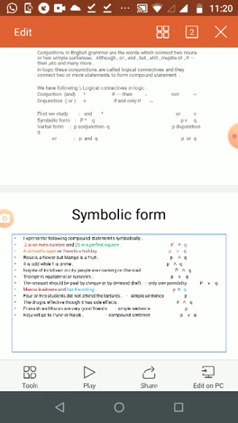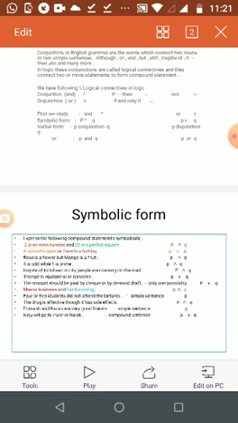Last time we have seen how to write a simple sentence by using symbolic form or verbal form. Every statement in logic can be written in symbolic form as well as in verbal form. Like that, every compound statement can be written in both the forms, verbal as well as symbolic form. P inverted V Q is its symbolic form, and its verbal form is P conjunction Q, or it is written in words P and Q.